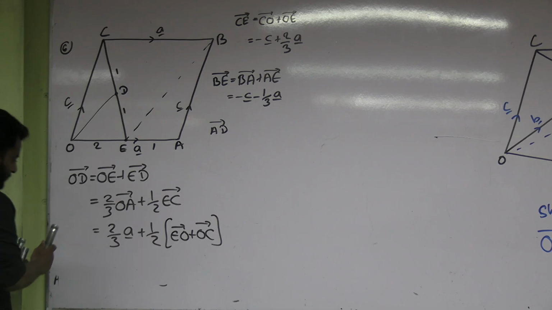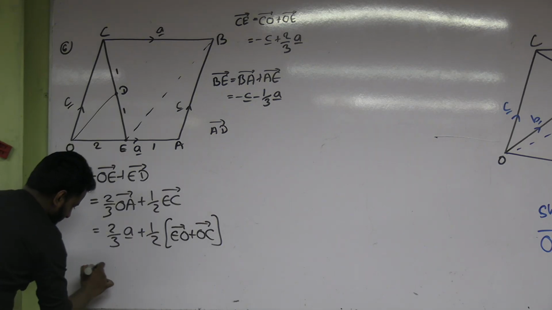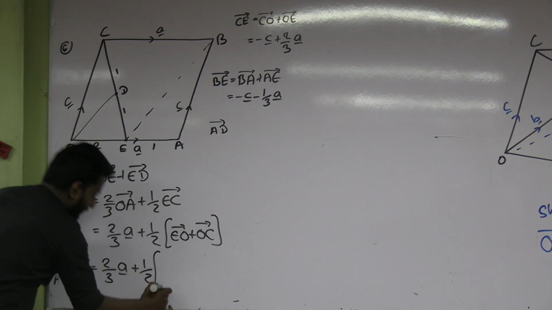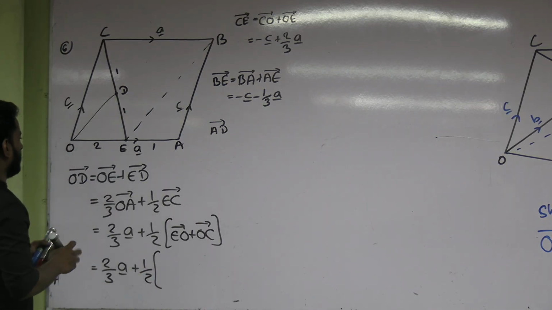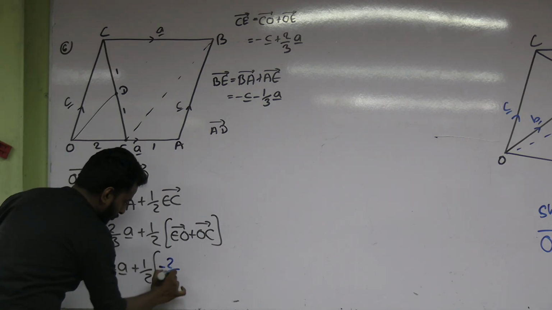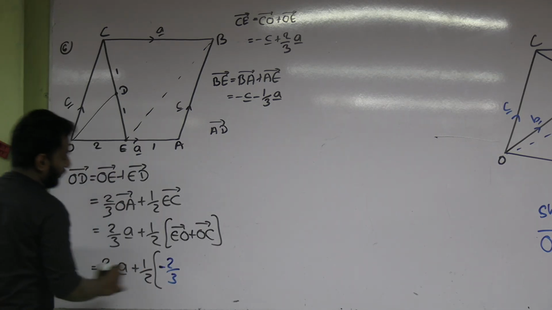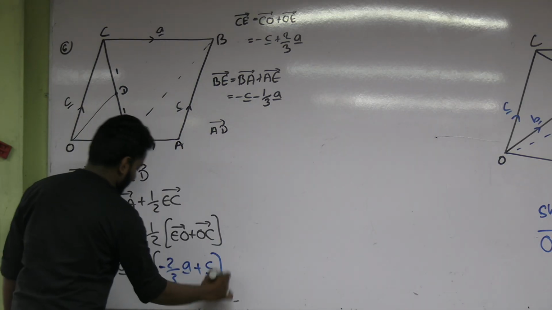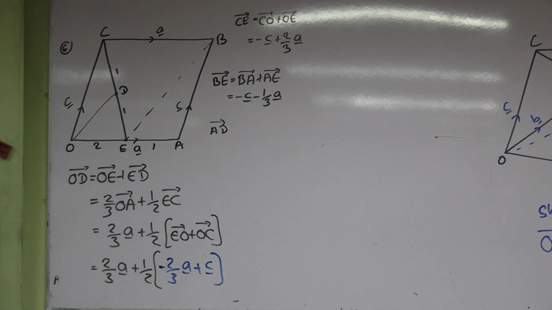So here this is 2 over 3 A plus half EO. EO is a portion of AO and the ratio of it is 2 over 3. I can directly write it as 2 over 3 A, and OC is simply C. Now simplify this, you would be getting the answer for OD.